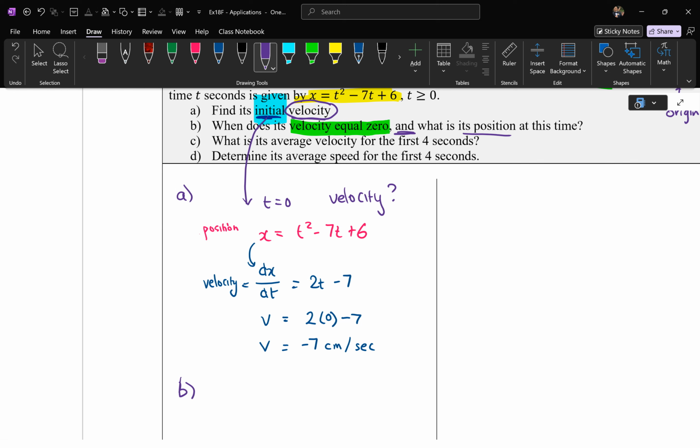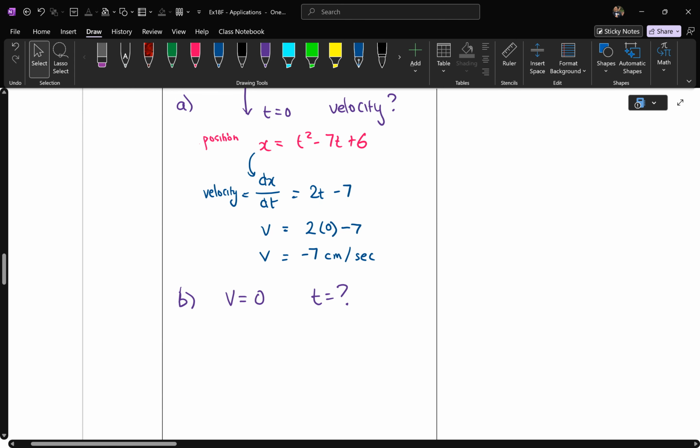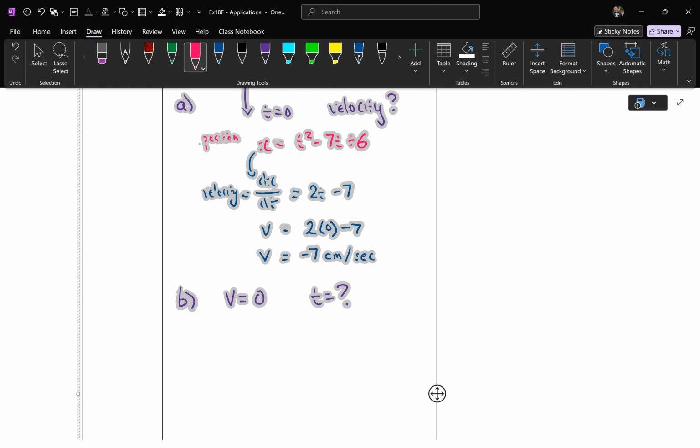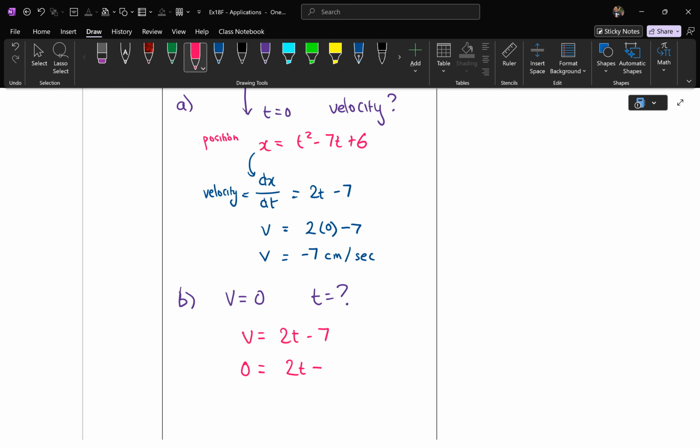So here we go. We want to know when v equals 0, velocity equals 0. When does that happen? We've got a velocity equation. Velocity equation is 2t minus 7. So you're really asking this: if v is equal to 2t minus 7 and v is equal to 0, what's t?